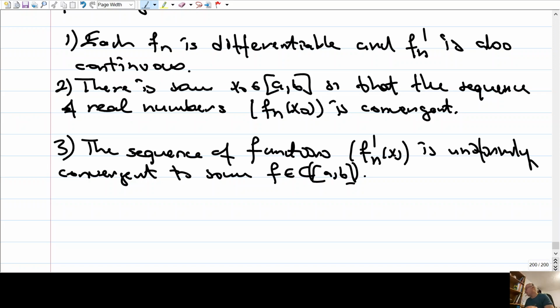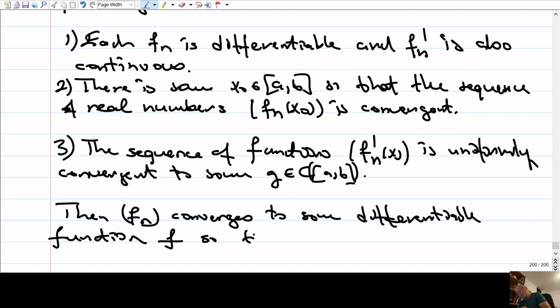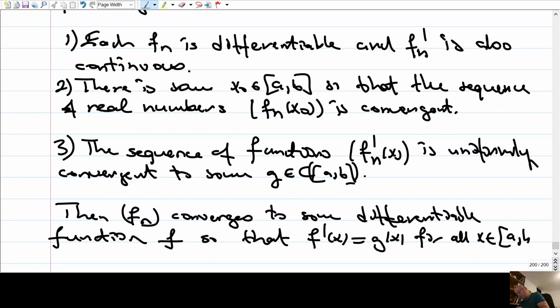Then Fn converges to some differentiable function, let me say f, so that the derivative of this function is g of x.